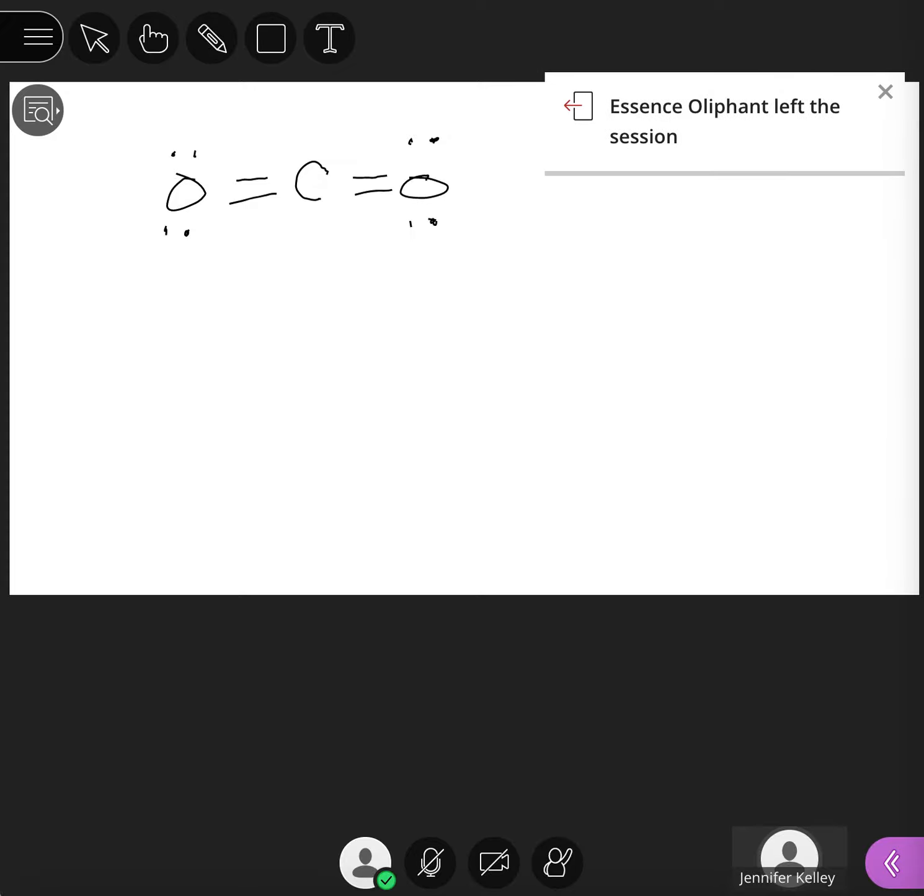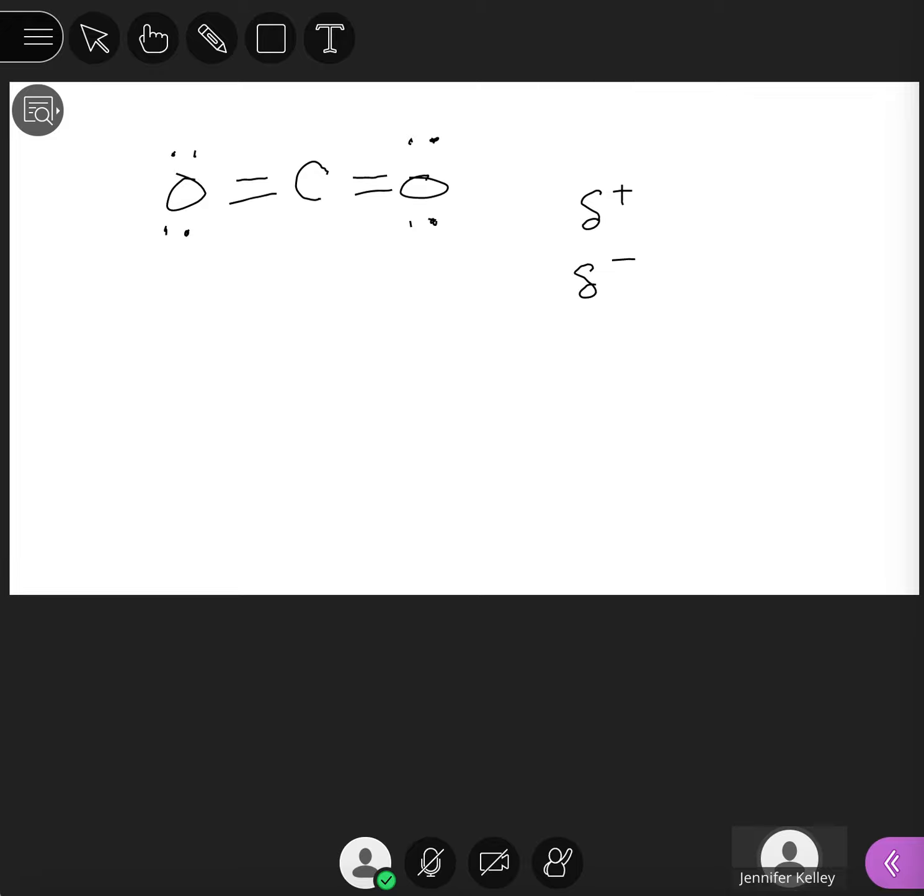Let's do carbon dioxide. All right, if I'm going to label a bond with partial charges, then in this case, I'm looking at two identical bonds.